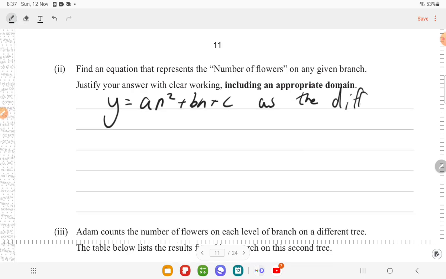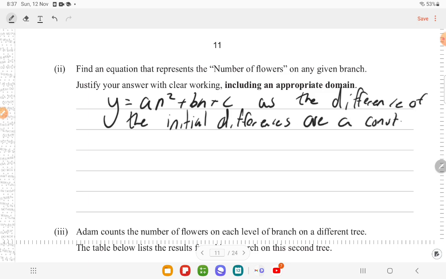The initial differences are constant, and we're given that the constant is 4, so we have a is equal to 2.